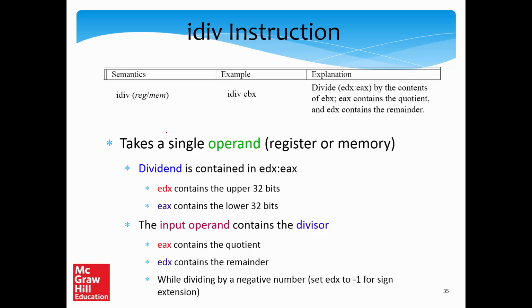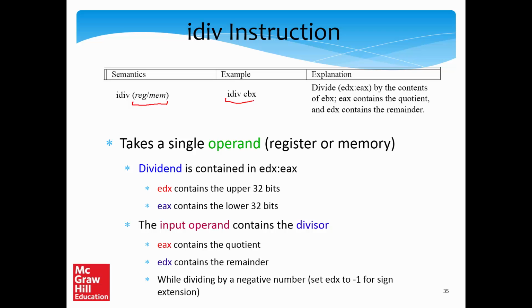This is also one reason why the original designers of the ARM instruction set, the early ARM instruction sets, not the later ones, did not have a divide instruction, because it is somewhat complicated. We'll see why, and we'll also correlate this with what we had done in SimpleRISC to resolve the issue. Here the idea is that we take a single argument which can be a register or memory.